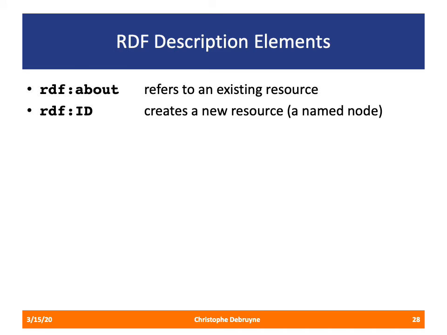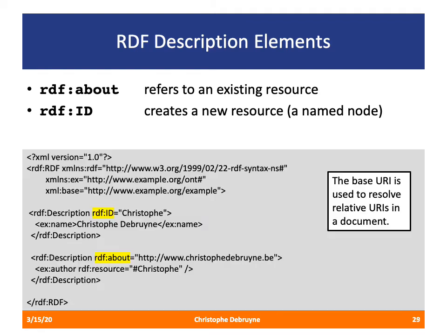RDF is used to describe things on the web. If we want to describe something that already exists, we will avail of RDF About to refer to that thing. If we need, however, to create a new resource as a named node inside a document, we will be using RDF ID to create a new thing inside an RDF document.